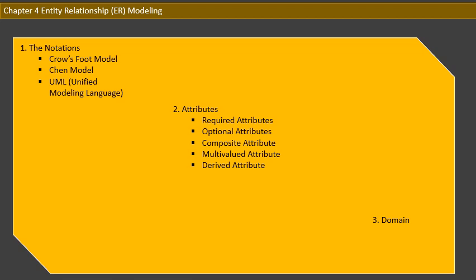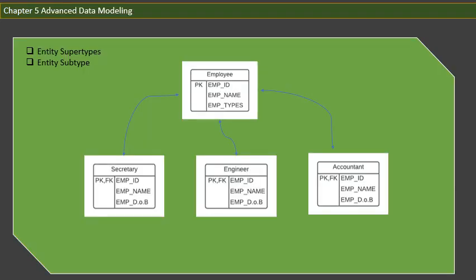Moving on to chapter 5, which is advanced data modeling. We're going to talk about two very important things here, which are entity supertypes and entity subtypes. In a specialization hierarchy, which is a top-down process, the topmost entities would be your supertypes, and the bottom ones would be your subtypes.